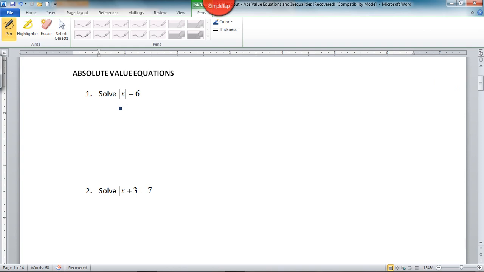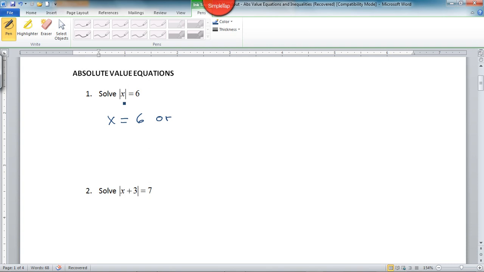In number 1 here, we have the absolute value of x equals 6. So we're thinking about the solutions there, the values that we could plug in for x to make that a true statement. I think most of us recognize that's either going to be x equals 6, or there is another solution, right?